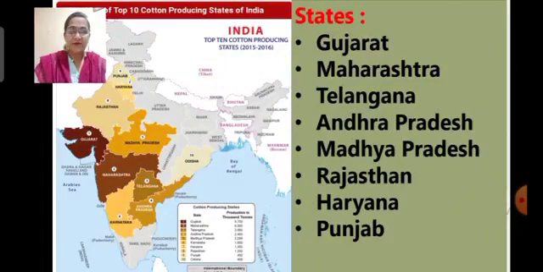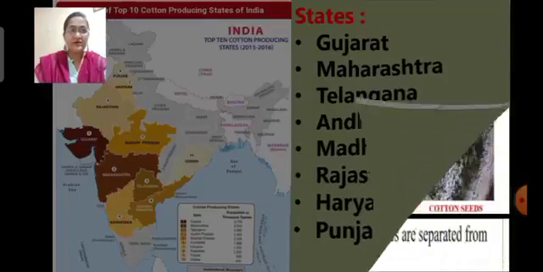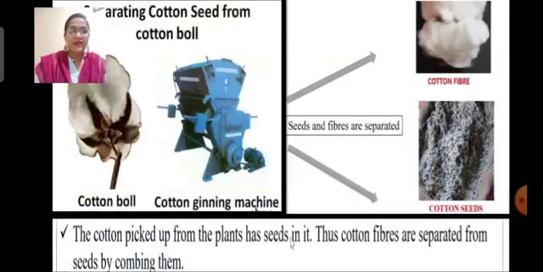In India, cotton is mainly grown in states such as Gujarat, Maharashtra, Telangana, Andhra Pradesh, Madhya Pradesh, Rajasthan, Haryana and Punjab. The balls of cotton burst open when they are ripe, and cotton balls are picked either manually by hand or with a harvester, but the cotton picked from the plants has seeds in it.